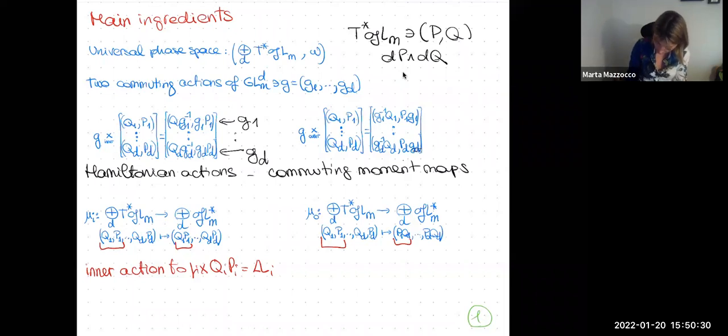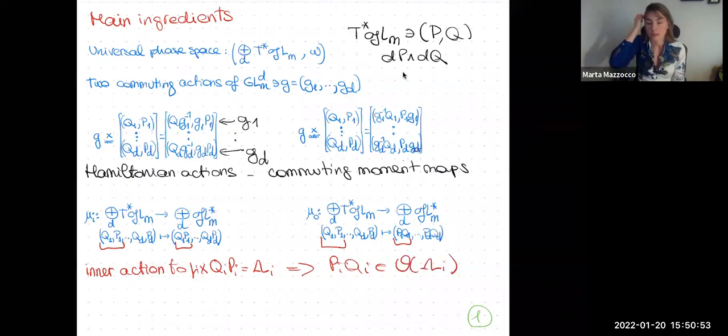And because of the commutativity, what we have is that actually Pi Qi, the product the other way, belongs, not to lambda, but to the coadjoint orbit of lambda. Okay, so that's very nice. We have essentially that we can use the product of these two quantities on one side to define the Jordan form, and on the other side to define a matrix whose Jordan form is lambda.